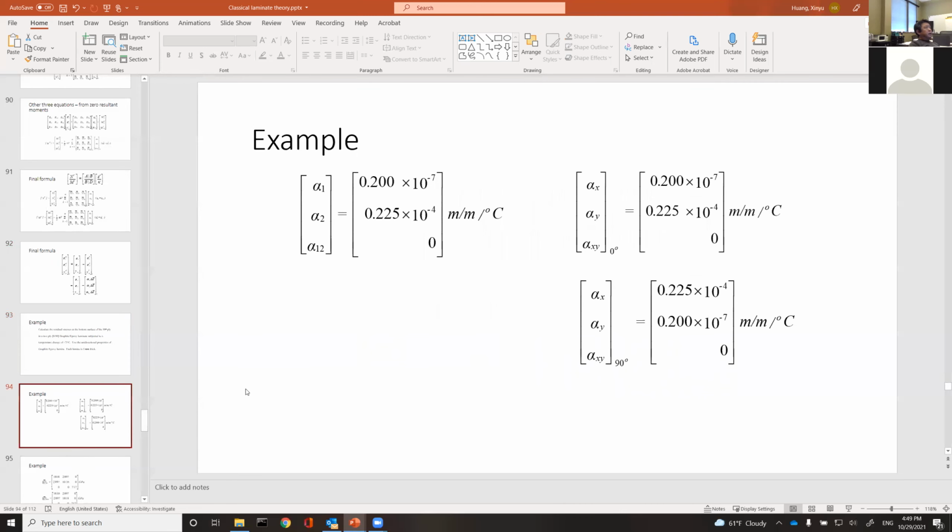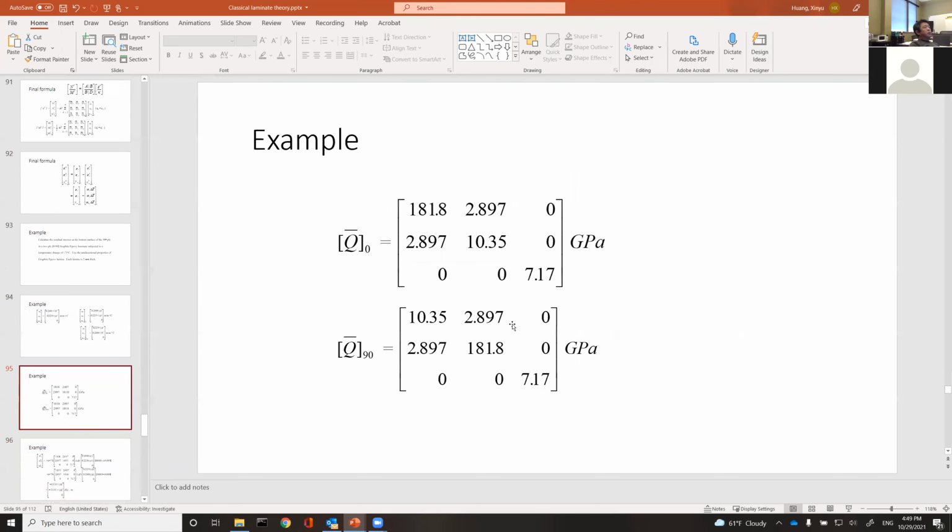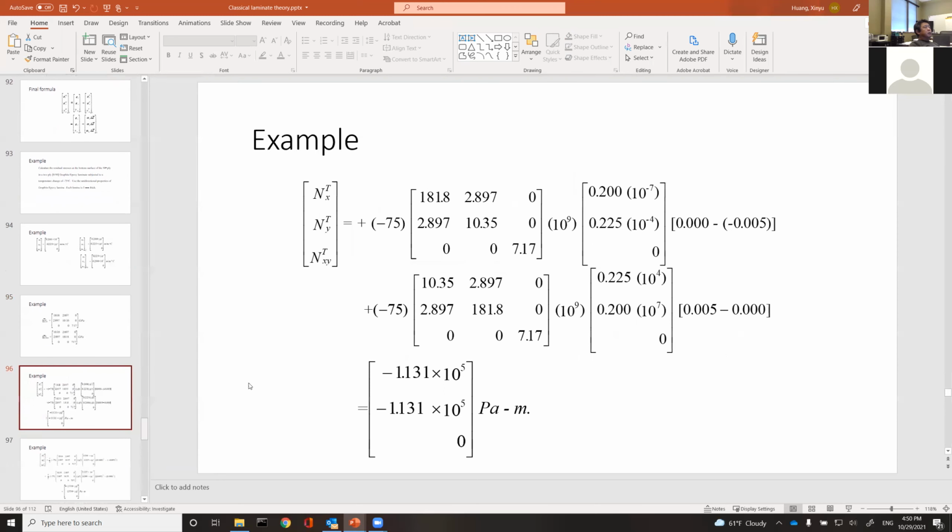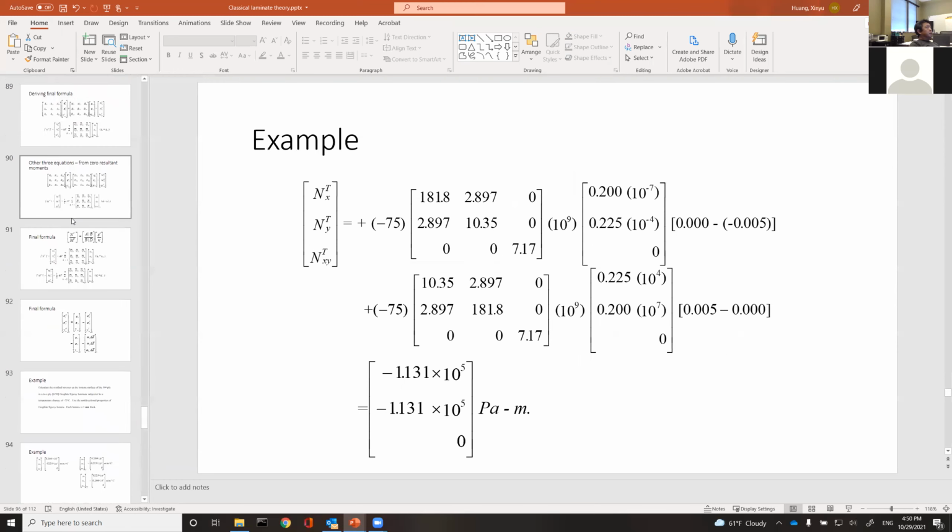So you calculate the thermal expansion in 1, 2 coordinates, which is this much. Fiber direction is less, transverse direction much higher. And then you transform that into XY directions. This is for 0 degree, this is for 90 degree. Then you figure out a Q bar for each layer, and you calculate the hypothetical load vectors by using this set of equations.